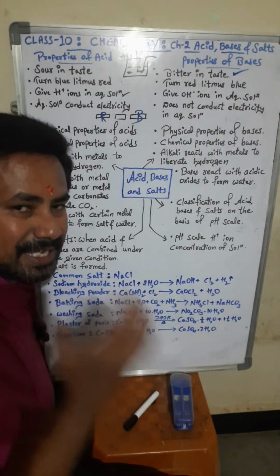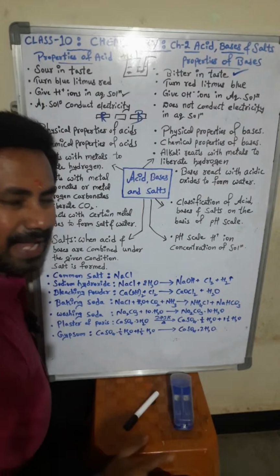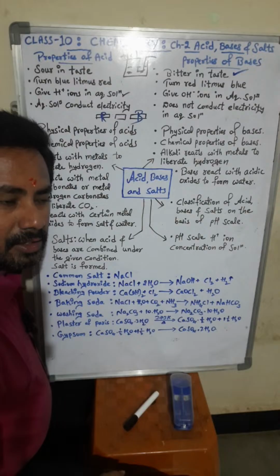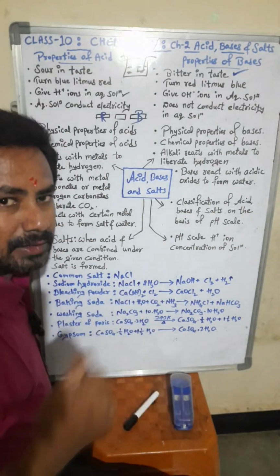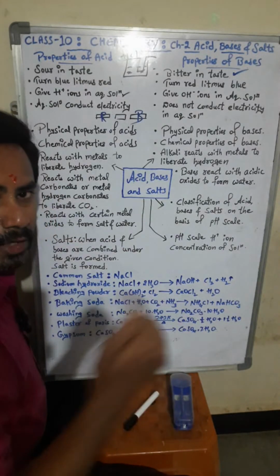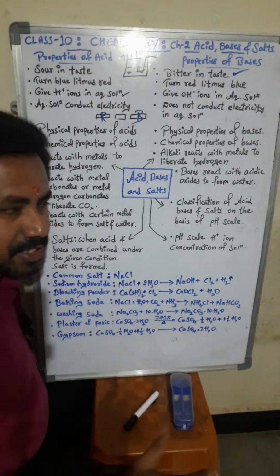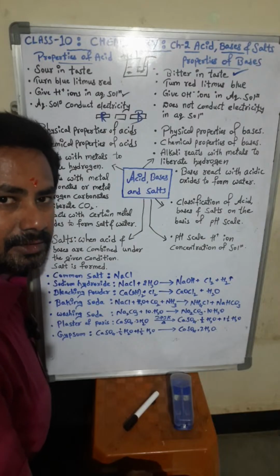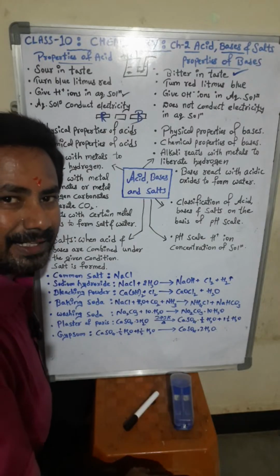One substance is given to you. They have not told you whether it is an acid or base. You will dip both the litmus papers. Red litmus paper you dip, it will not change color. Blue litmus paper you dip, no change occurs in that litmus paper.